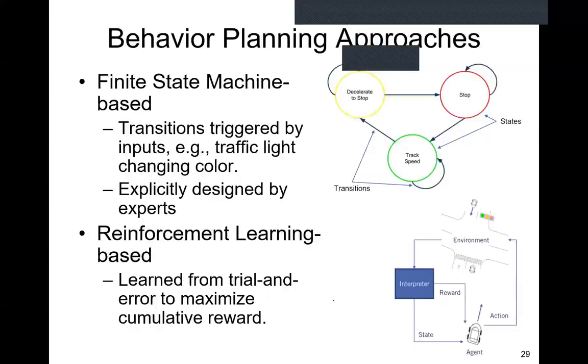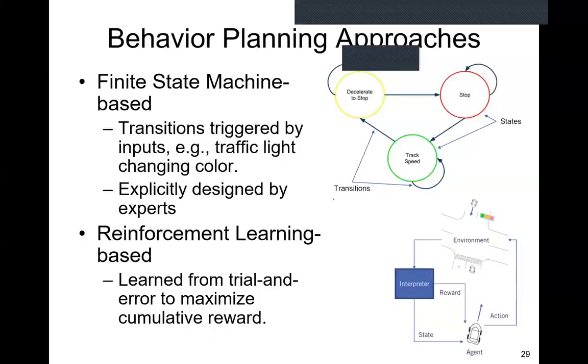One approach is based on finite state machines. You design an FSM with each state as a maneuver, and transitions may be triggered by inputs such as traffic light changing color. This must be designed by the expert manually.